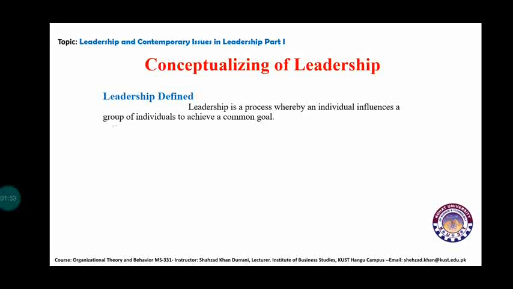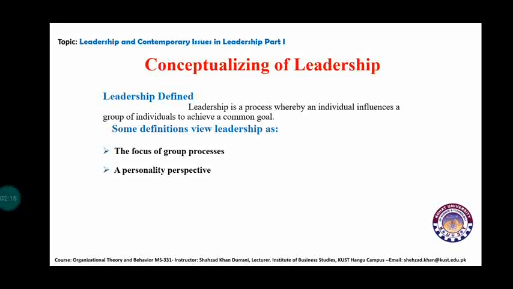So some definitions view leadership as a focus of group processes, right? So leadership mainly focuses on the groups. Leadership mainly influences the teams in the organizations. Leadership can also be defined from a personality perspective, right? Some researchers define leadership as a personality perspective.